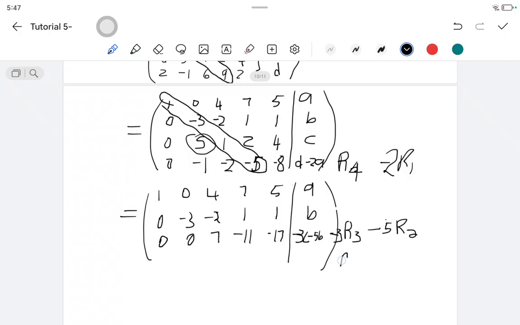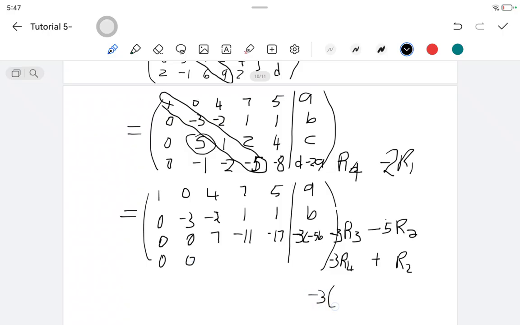And then we come to this one, row 4 minus row 2. If we check, this will mean 0. The constant of row 4 is minus 1, the constant of row 2 is minus 3. So I can just interchange them. This will become a positive, this will become a minus 3. And then we're going to have minus 1 times minus 3 is 3, then minus 3 is 0.